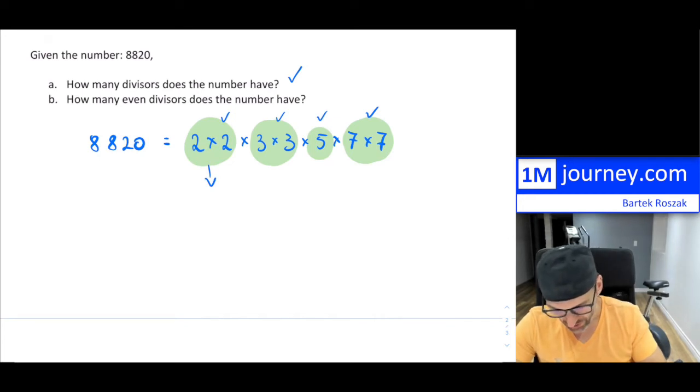We can choose one of them, we can choose 2 of them, or we can choose none of them. So those are three choices that we have.